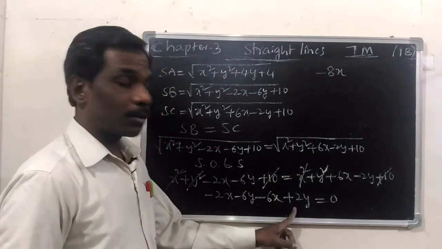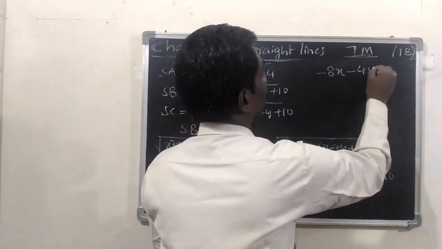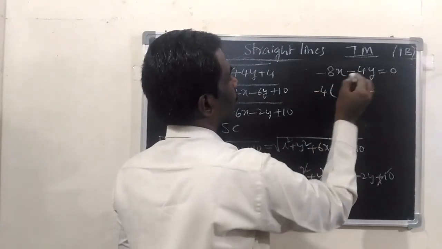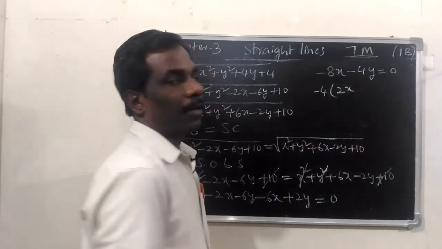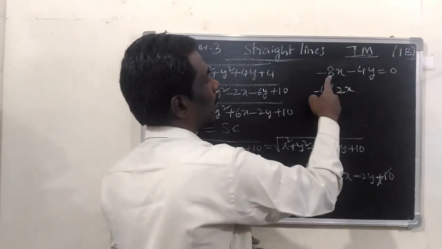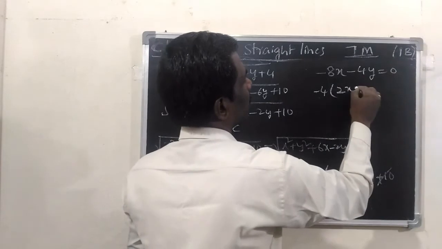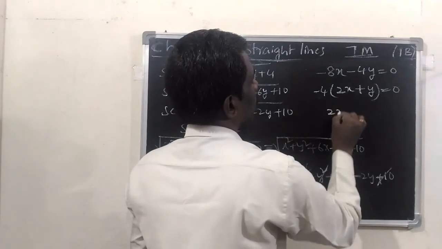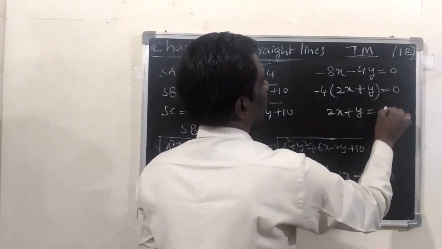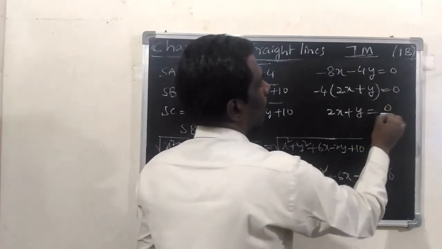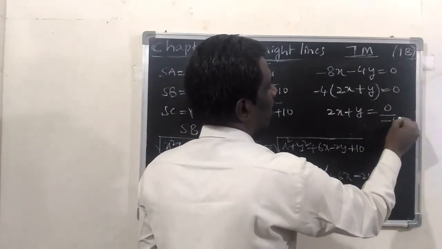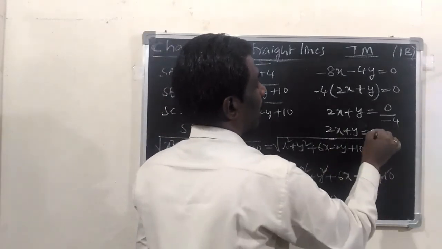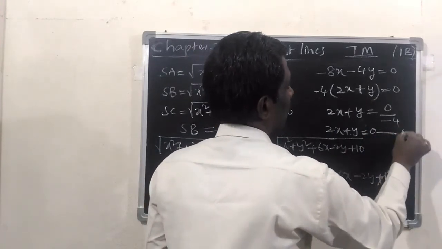Minus 6y plus 2y is minus 4y equal to 0. Here we can take minus 4 as common. So 2x is left there, minus 4 into 2 is minus 8, and x, minus into plus is minus, and y equal to 0. So 2x plus y equal to 0. This minus 4, take to the right side, that becomes by minus 4. 2x plus y is equal to 0 by anything, which is 0. This is the fifth equation.